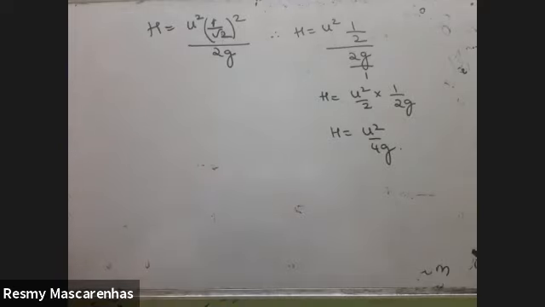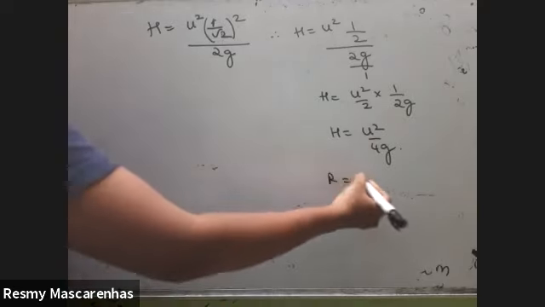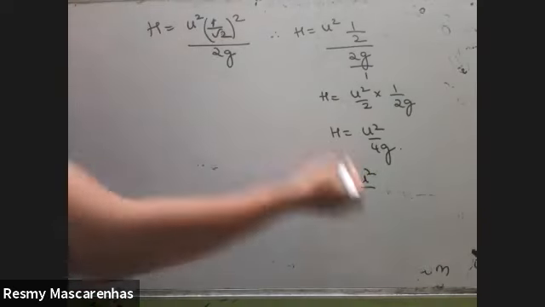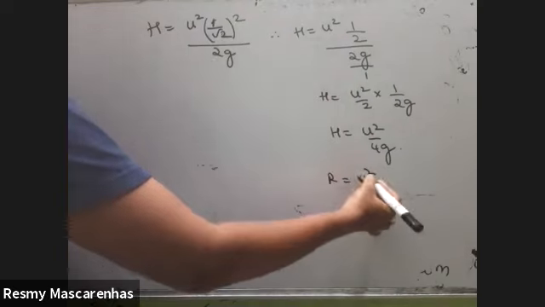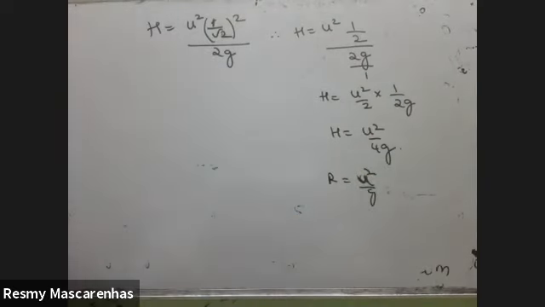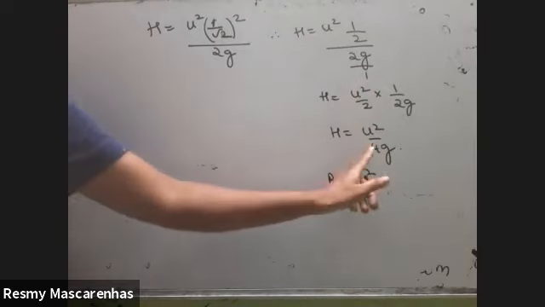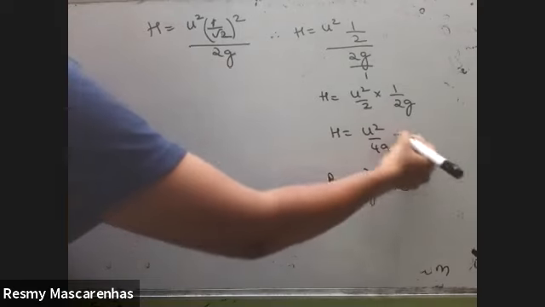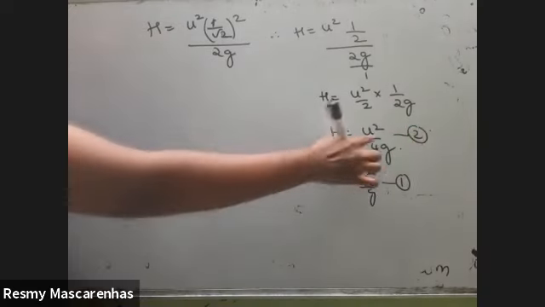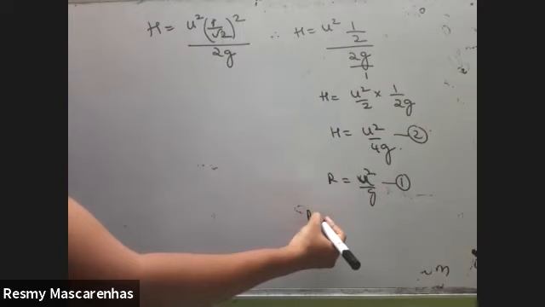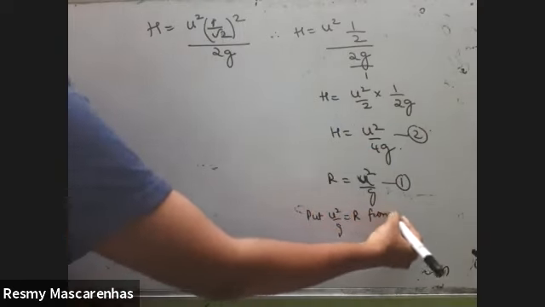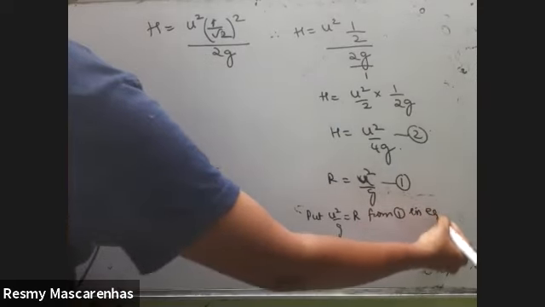Now compare it with R. Just 4 you can keep at the side. See, this you keep as equation 1, this you keep as equation 2. So put u square upon g equals to R from 1 in equation 2.